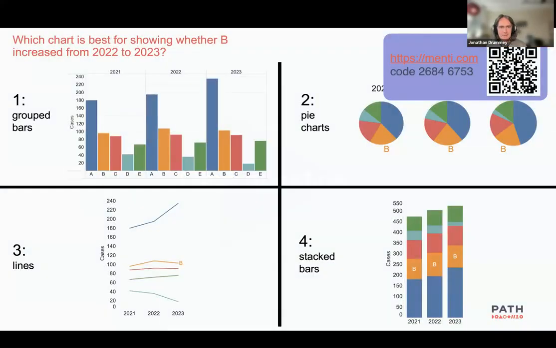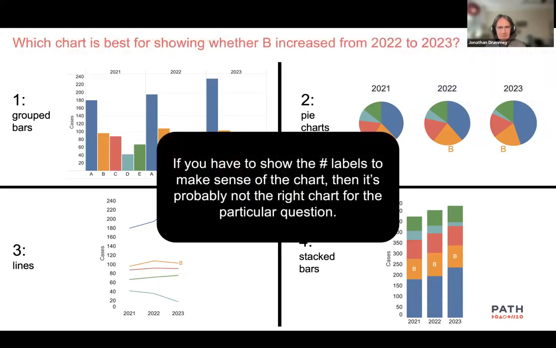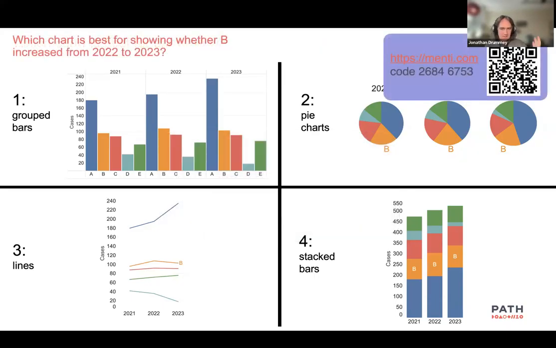I'm going to skip this Menti for time and just explain it and walk through it. We have this question of which chart is best for showing whether B, our orange variable here, increased from 2022 to 2023, and it provided a bunch of different charts.